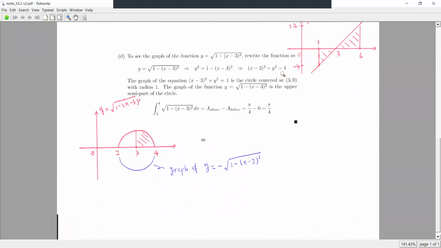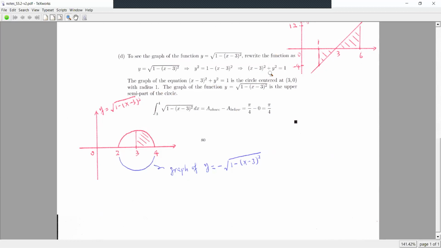The center of the circle is 3, 0, and the radius is 1, since 1 is 1 squared. The radius is 1, the center is 3, 0. This circle is the graph of this equation.